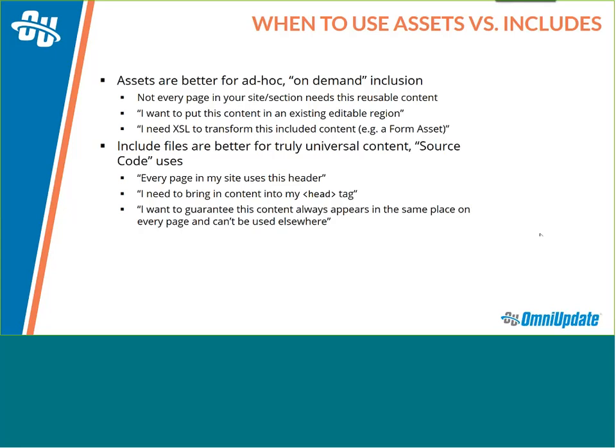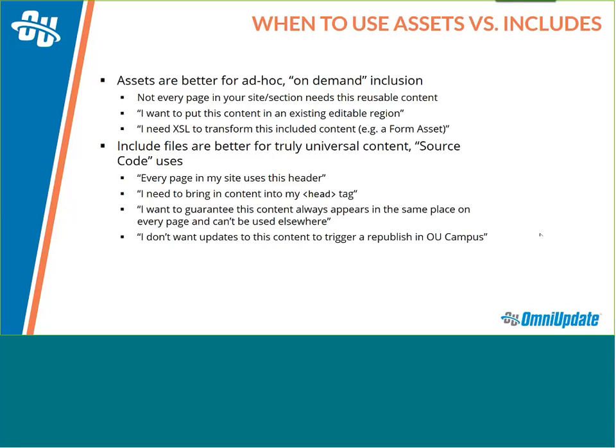But hypothetically, someone in an editable region is browsing throughout the asset manager and they see header, oh, this looks kind of interesting, and they try to place it in an editable region. It's probably not going to work. So that's another situation where an include file could be preferable because it removes it from the end user's perspective a little bit more so than assets do.